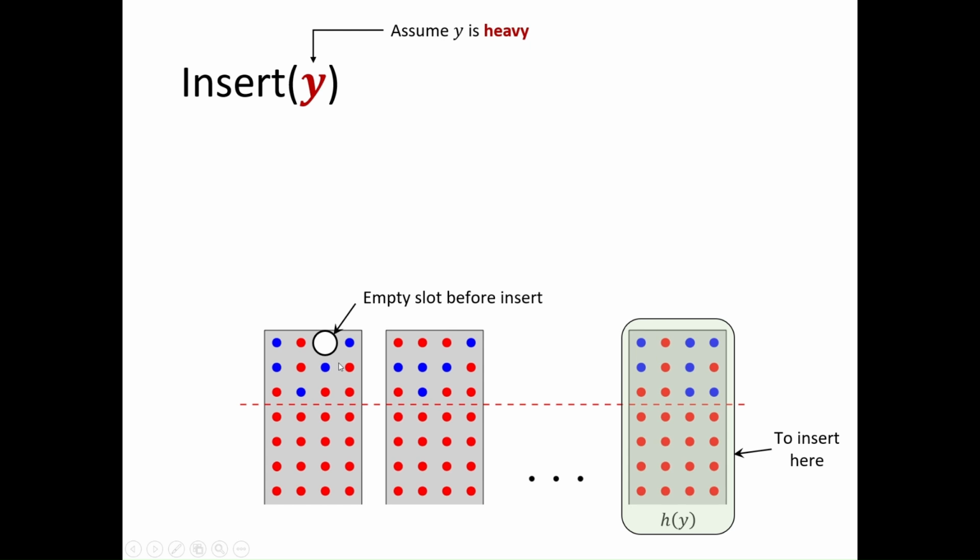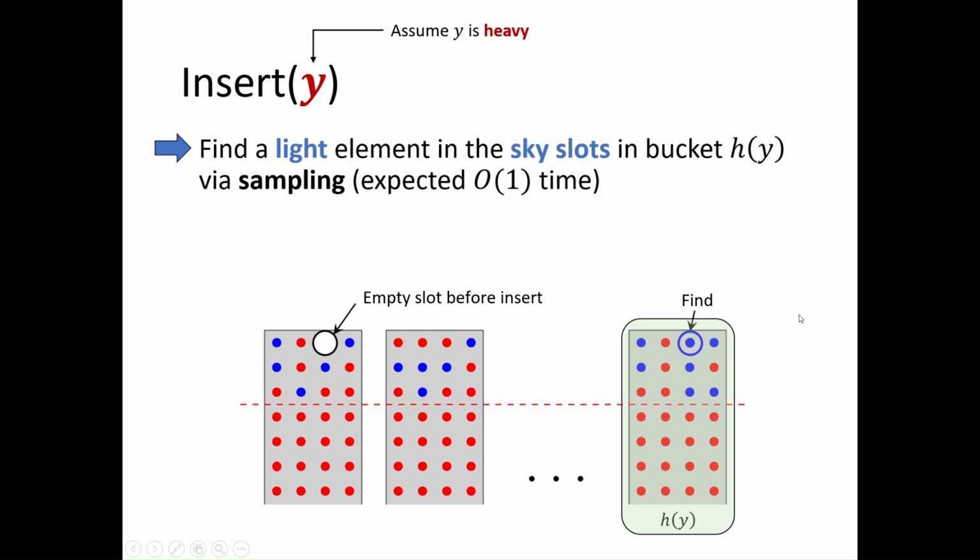Since we have promised that the load factor of the rainbow cell should always equal 1, after each deletion, there must be a subsequent insertion to fill the previous bubble. Let's say we're going to insert another element y that is also heavy and is hashed to this green bucket. Similar to the deletions, in order to successfully insert y, we would like to first move a light element to the previous bubble, which is in the sky slot of another bucket.